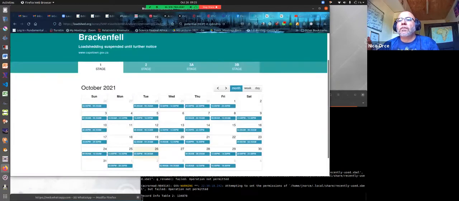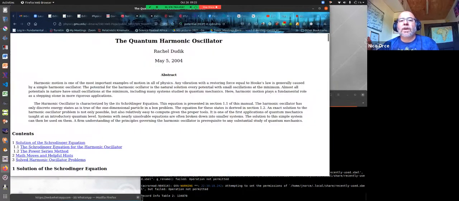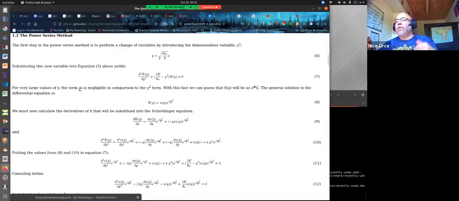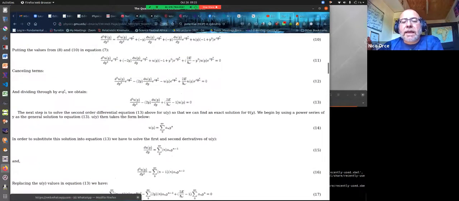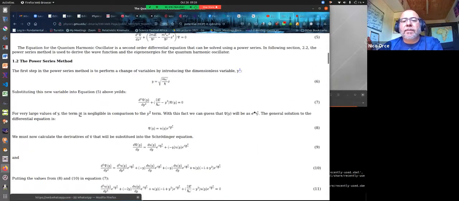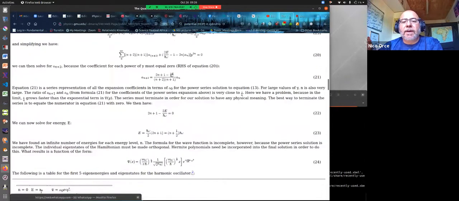Let's see the quantum harmonic oscillator, and we can solve it by the power series method. This is similar to how we solve the hydrogen atom. But as you can see, the situation becomes mathematically quite complicated. So we have to solve this by series.